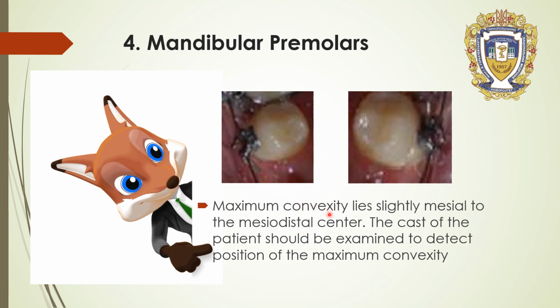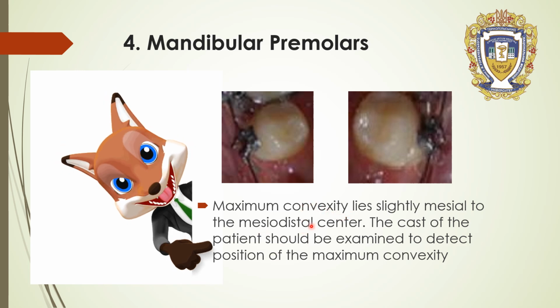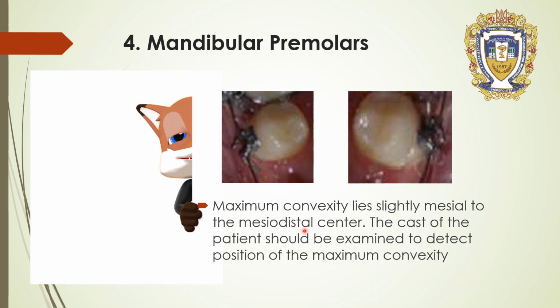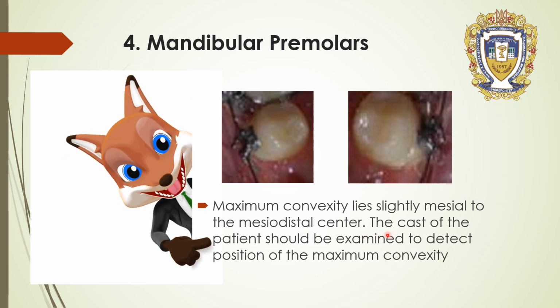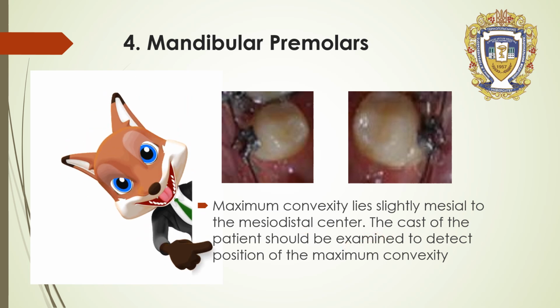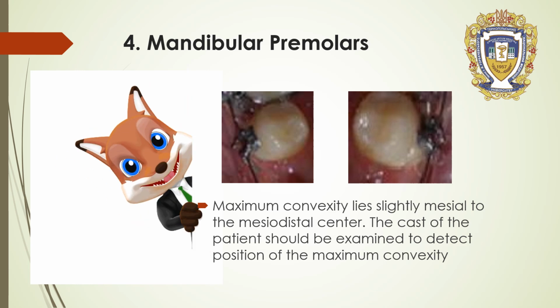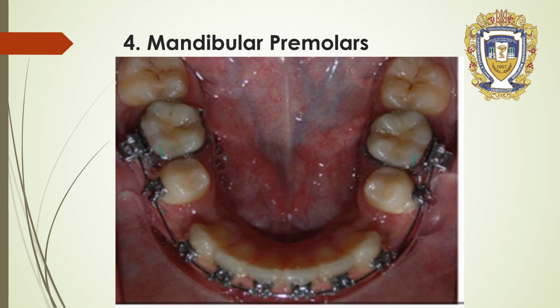Maximum convexity lies slightly mesial to the mesiodistal center. The cusp of the patient should be examined to detect the position of the maximum convexity. As you can see, the brackets are shown in a slightly mesial position, from the mesial slope in lower premolars.